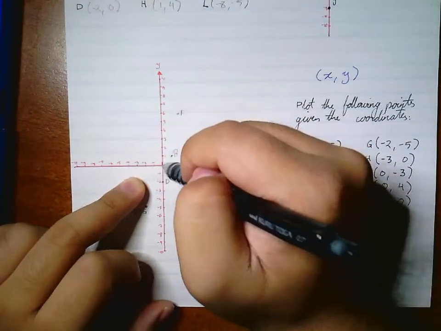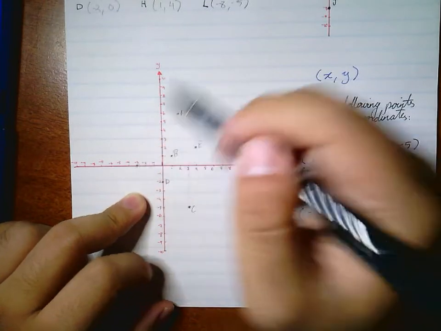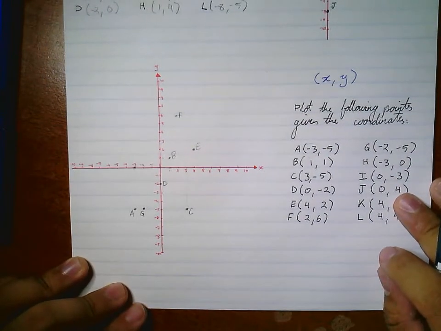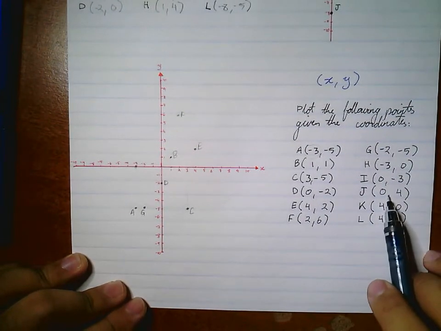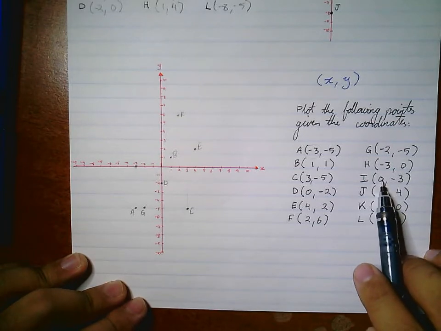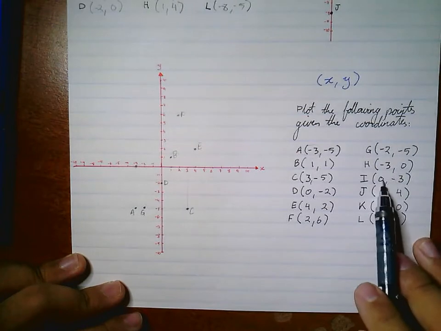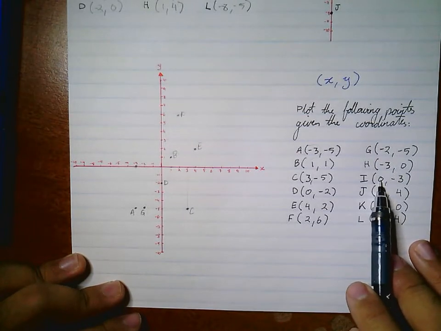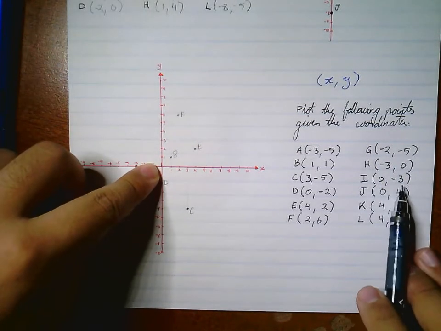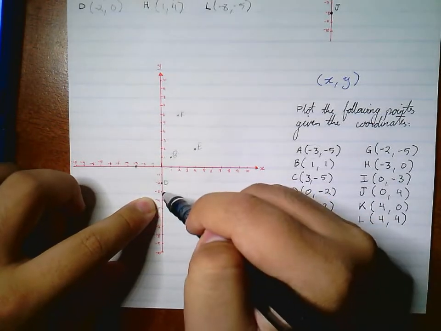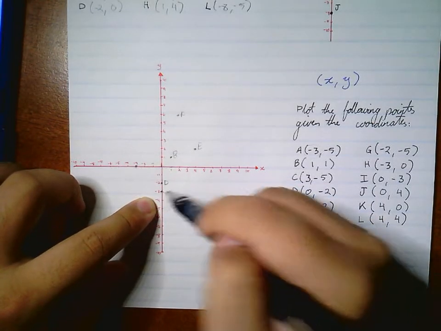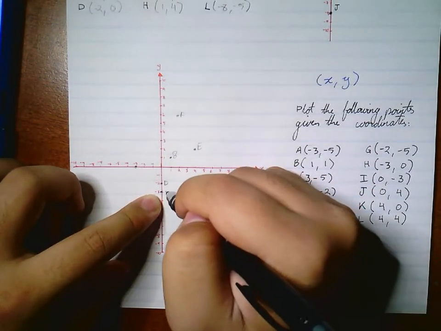So it's just going to move to negative 3. Point I is 0, negative 3. This time we're not going to move left or right because it is 0, and then we move downwards to negative 3. So we are here. That is point I.